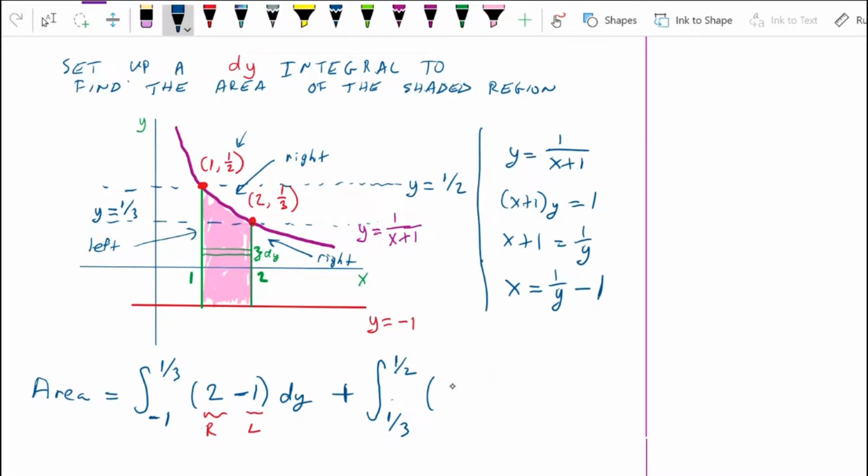So that's going to be 1 over y minus 1 minus, and then once again I still use the left boundary, the left curve, and that gives me minus 1 dy. And here I'll just put in that this is the right curve and this is the left curve. So there we go.